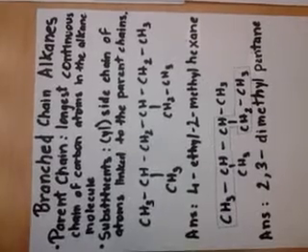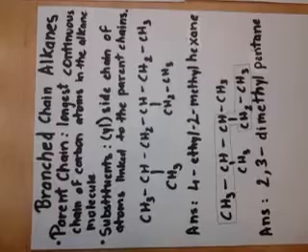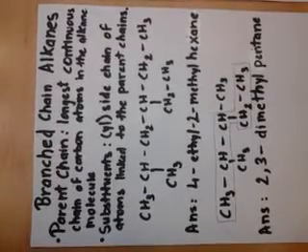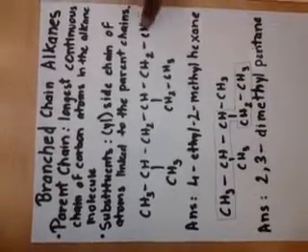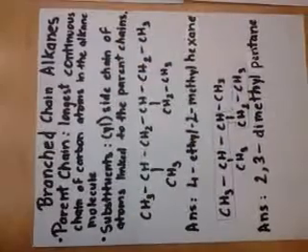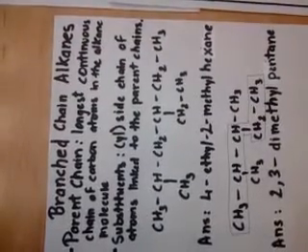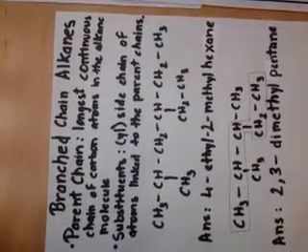To figure out a branched chain alkane name, you have to first figure out what your longest parent chain is. In this case, it's 1, 2, 3, 4, 5, 6. So you would use the prefix hex and add the ending -ane to figure out the name is hexane. But with branched chains, you have to also figure out if there's any substituents.